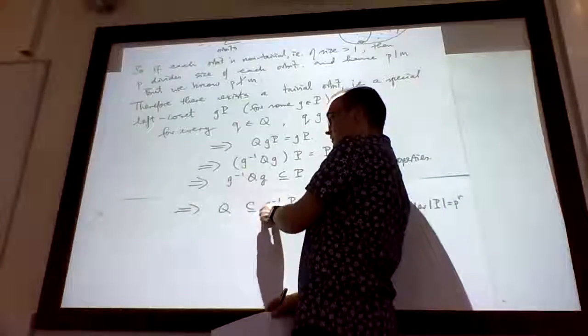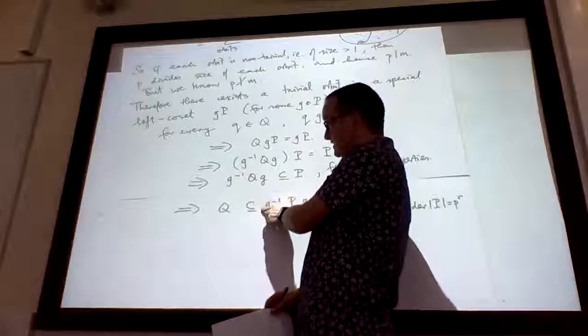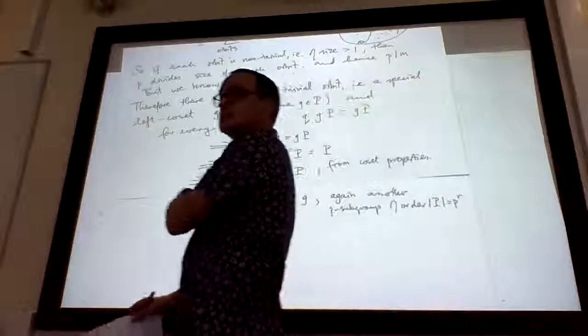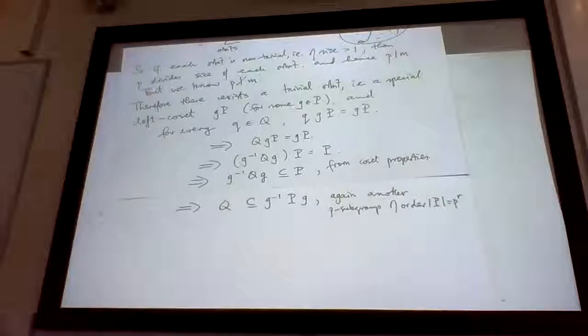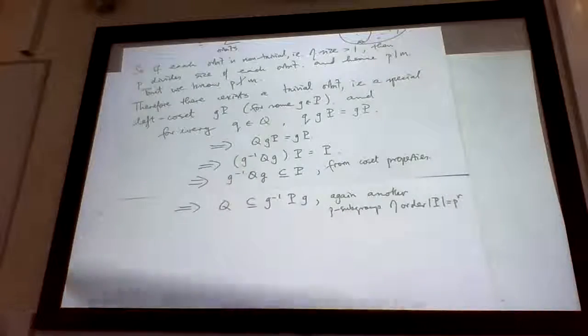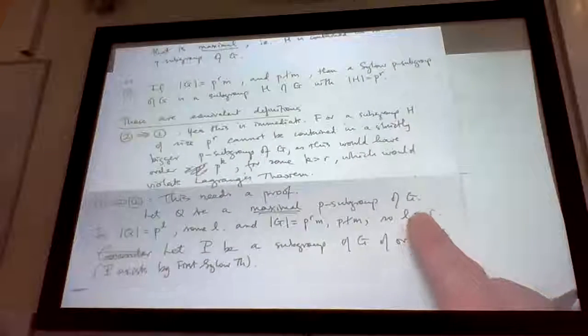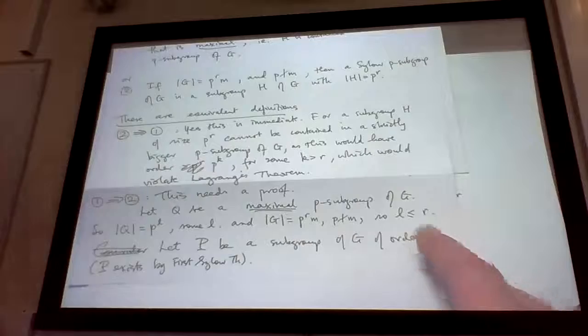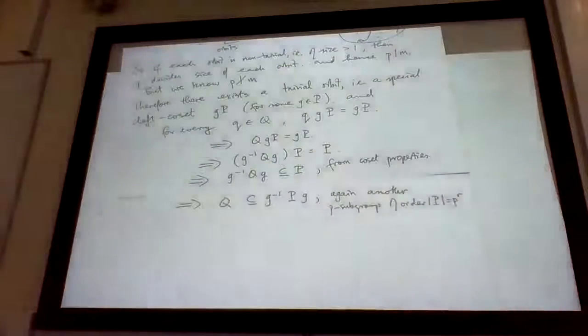So the only way to resolve that with this set inclusion is if this is actually equality. Q is equal to this. So the size of Q is p to the r. So the size of Q at the beginning was p to the l, which we knew to be no bigger than r. But now the only way to resolve everything is if l is equal to r.